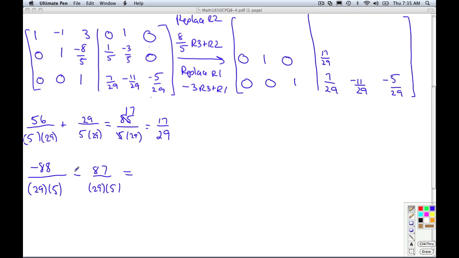And these are both negative, so 88 and 80 would be 168, and add 7 to that, 175. And once again, the numerator is divisible by 5. 5 goes into 175 35 times. So I get 35 over 29 for that slot.